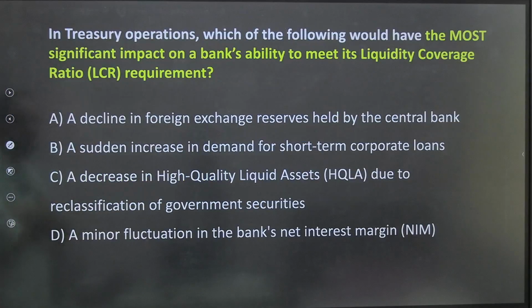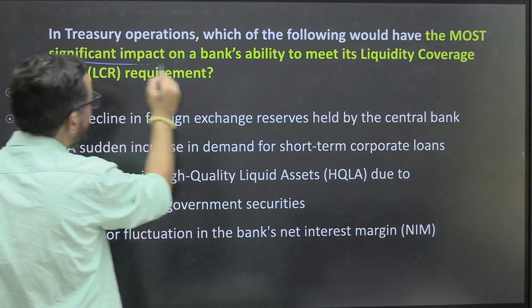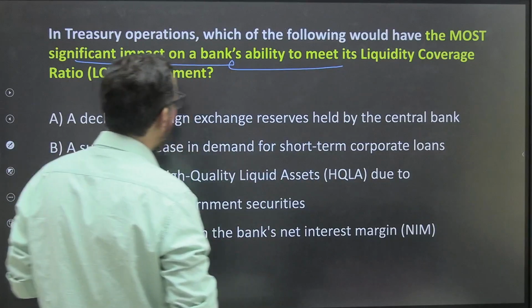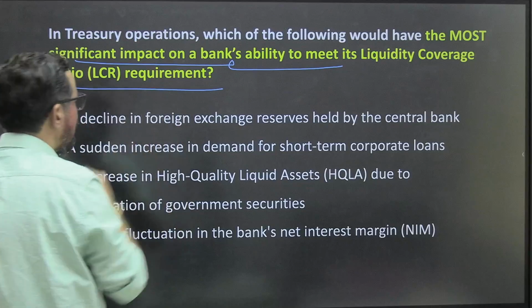Next one. In treasury operations, which of the following would have the most significant impact on the bank's ability to meet its LCR, liquidity coverage ratio?